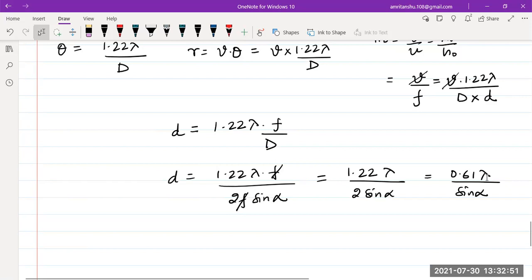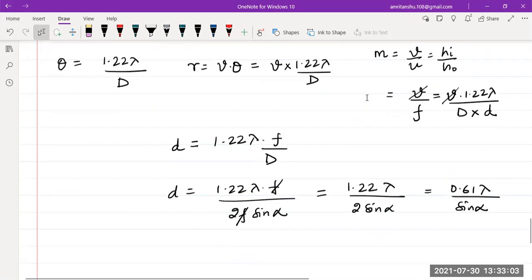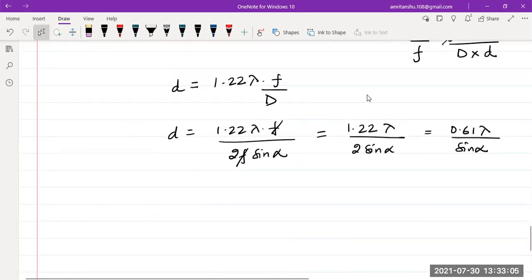I can reduce it if I immerse this setup in a medium of refractive index mu. Refractive index is what? c by v, where c is the speed of light and v is the speed in the medium.